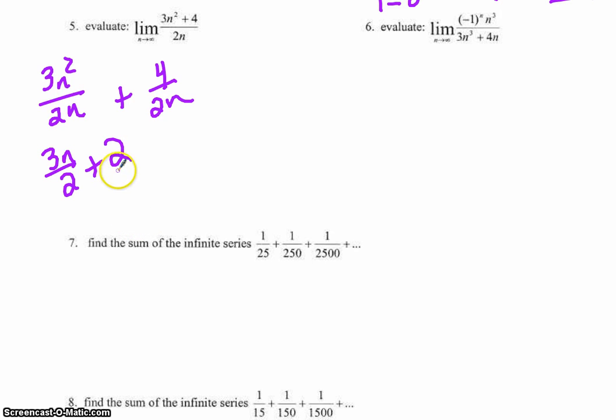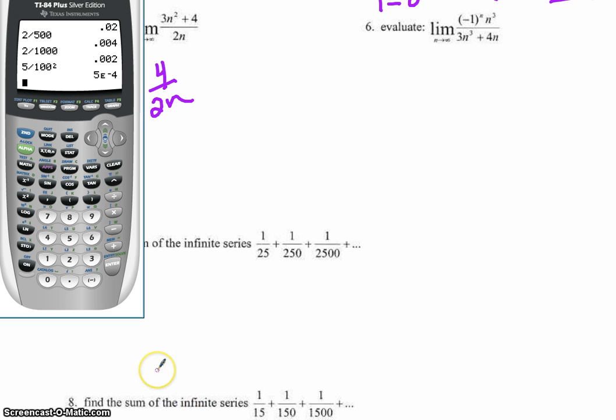On this one, if you put in 3 times 100, enter, divided by 2, 3 times 500, enter, divided by 2, we had 0.015, 0.003, 3 times 1,000, enter, divided by 2, 0.0015.